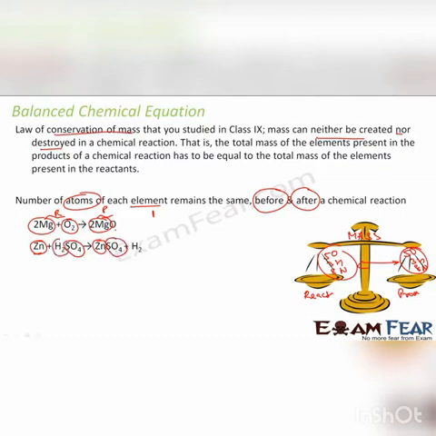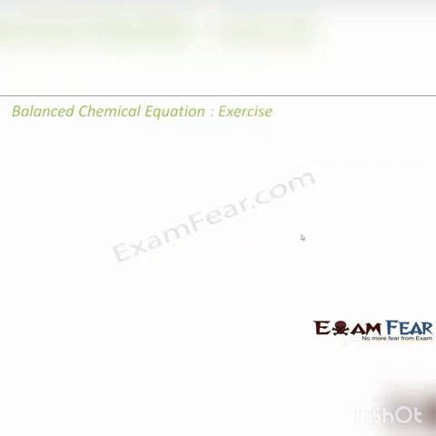The hydrogen count in reactant is 2 and product is also 2. So this is also a balanced chemical equation, right? Any equation has to be balanced. So we'll do some exercises on balanced chemical equations. We'll take some equations and find out if they are balanced or not.